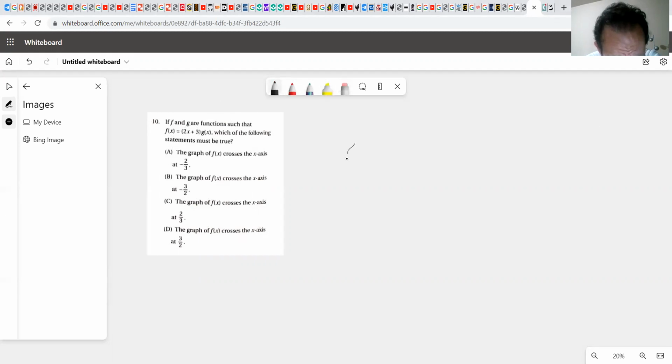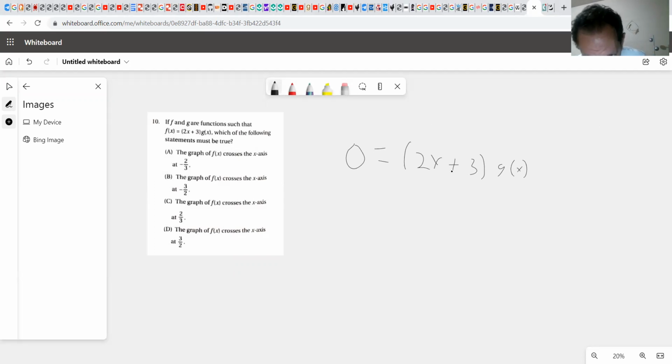So we have 0 equals (2x plus 3) times g of x, right? We know that when we have two factors, we can set the product equal to 0, which means you can take each factor and set it to 0.